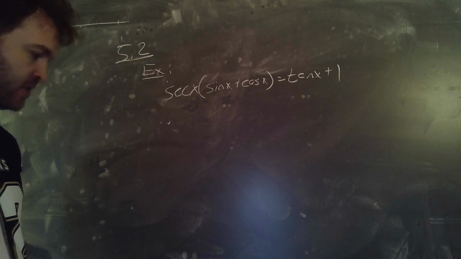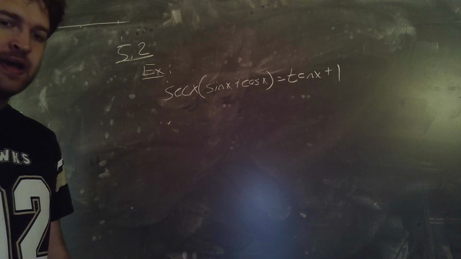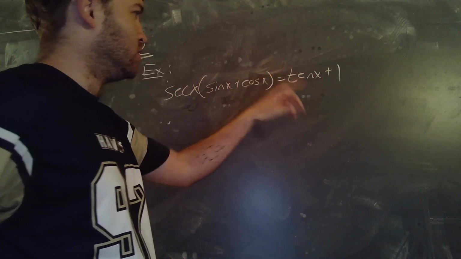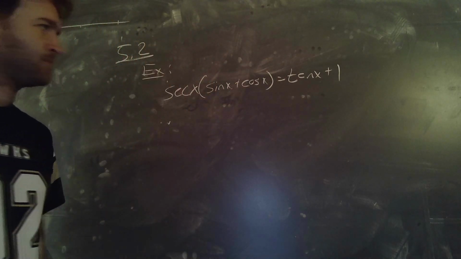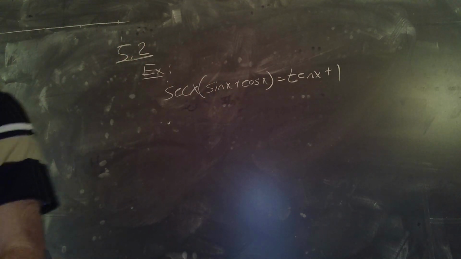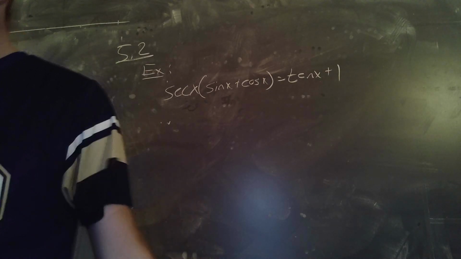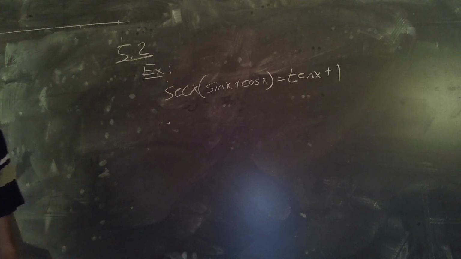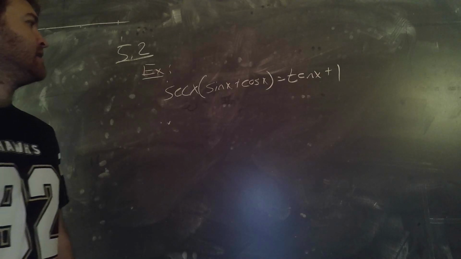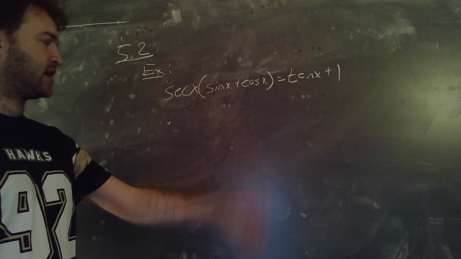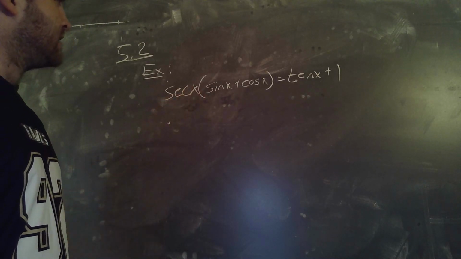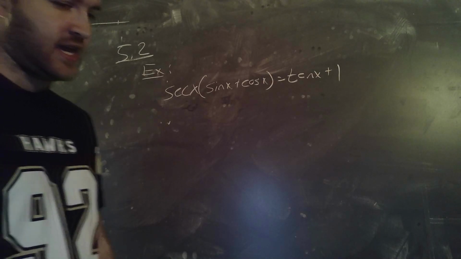Every identity is given as an equation, like so, and we're going to try to make either the left-hand side or the right-hand side look like the other side. Now, in general, we like to pick one side to work with, and I find that if you're just going to go directly into the problem and try to attack the identity without a lot of weird algebraic nonsense going on, what we want to do is try to pick the side that looks more complicated.